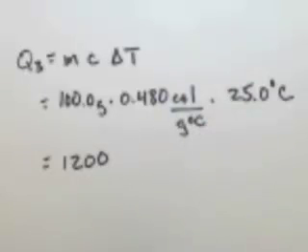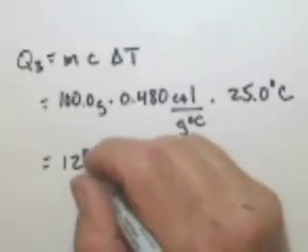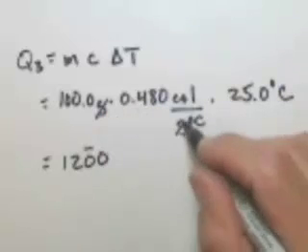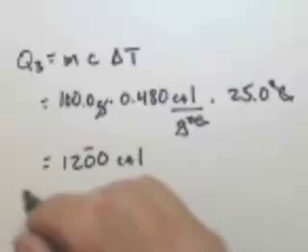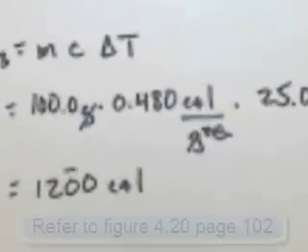And now let's determine the number of significant figures. It'd be 4 there, 3 here, and 3 there. So we'll have 3 significant figures, and the unit again would be calories. So our Q3 would be 1,200.